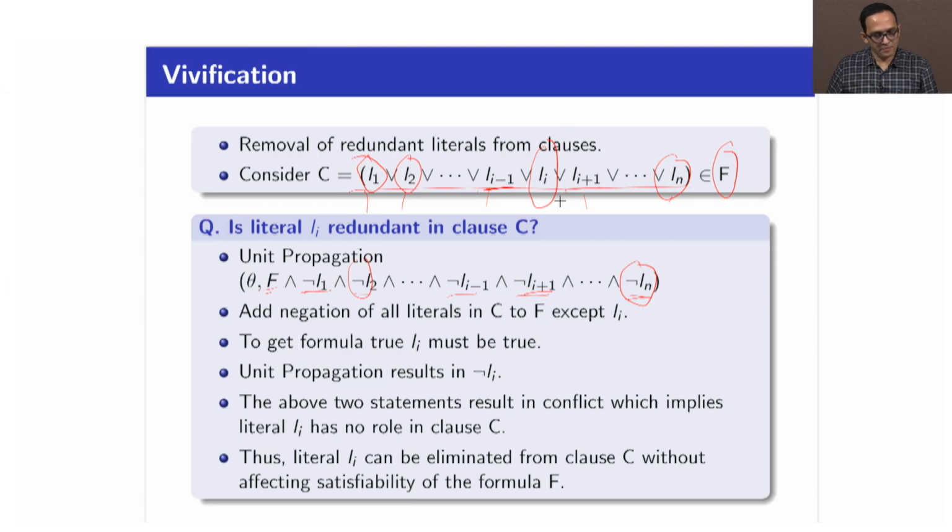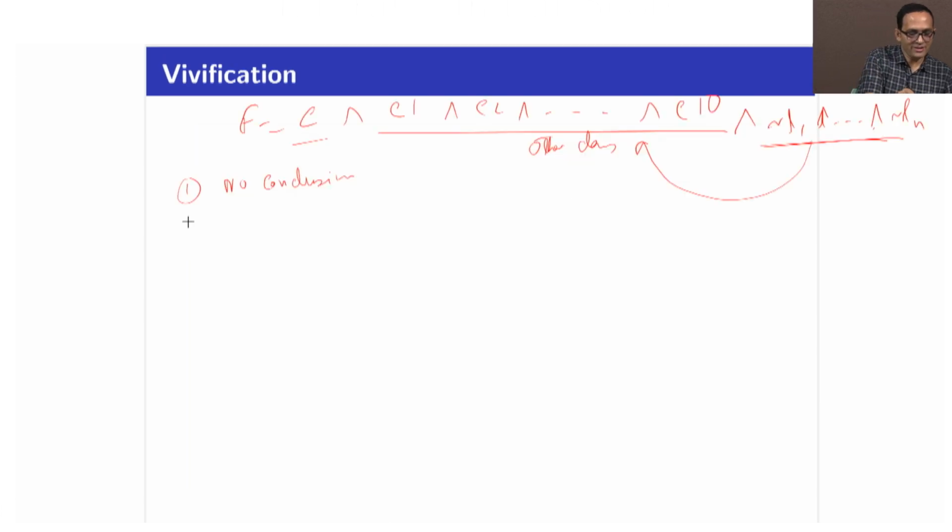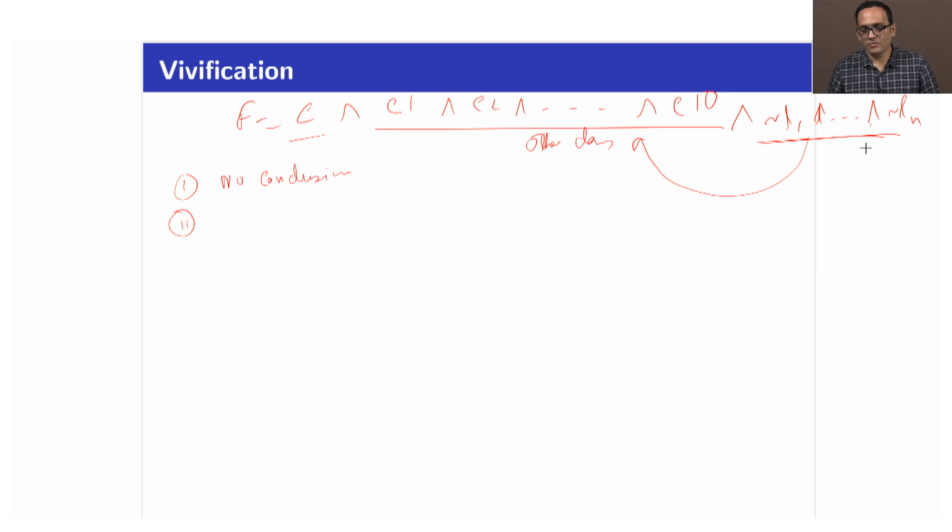The second thing that can happen is that this propagates and I reach a situation of contradiction. Remember, I am just talking about the other clauses, not C, where Li is present, because I am just checking whether Li is useful inside C or not. If you have a contradiction, what does it mean?